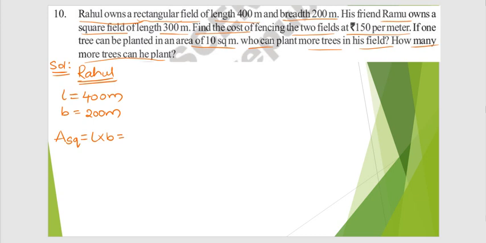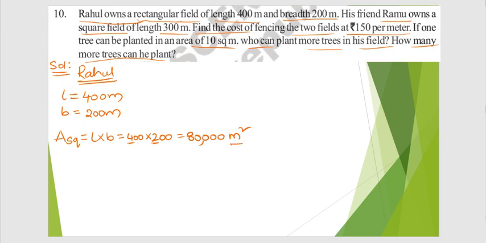So length into breadth gives me 400 into 200. So 4 2s are 8, followed by how many zeros are there? 4 zeros are there. 1 2 3 4. What are the units here? So what I am getting? 80,000 meter square area he is having, right?